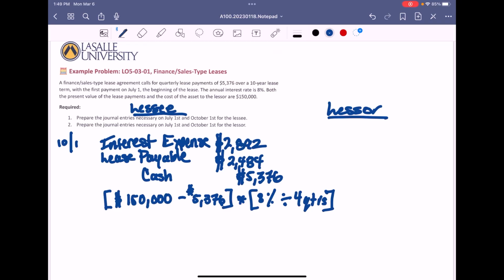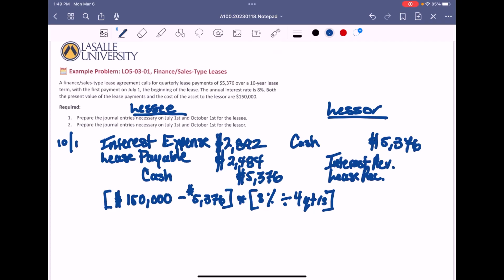All right. How about the lessor? The lessor, again, like before, is going to debit cash. They're receiving $5,376. They're going to reduce their lease receivable. And just like we had interest on the lessee side, we also have interest on the lessor side, but for them it's revenue, interest revenue.